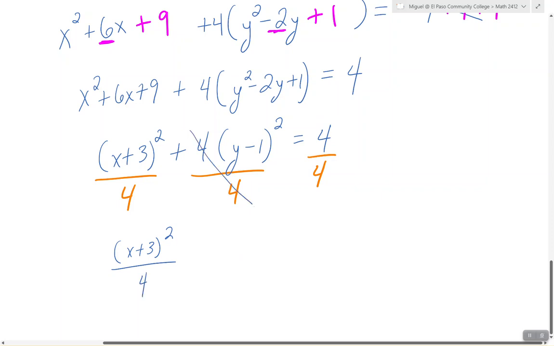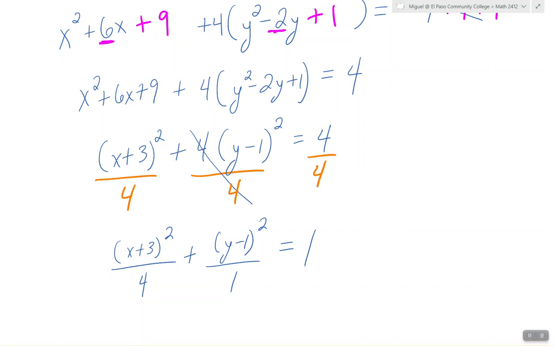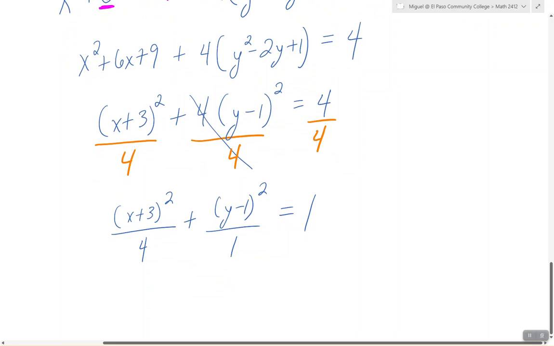Over here, the 4's will cancel. So this is just over 1 and equals 1. So finally, we have standard form. Is this a vertical ellipse or a horizontal ellipse? Horizontal, because the 4, the larger number, is under the x term. Good.